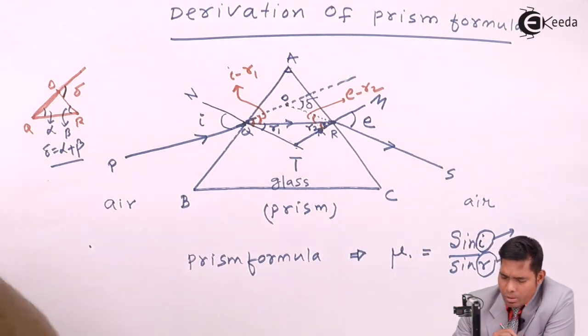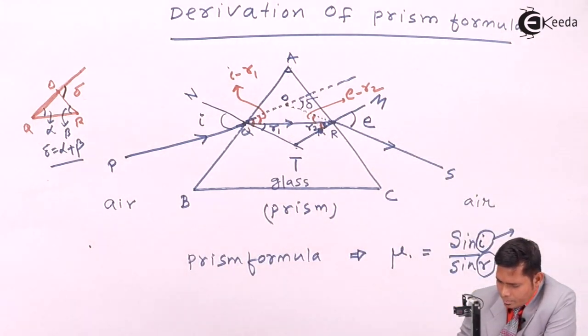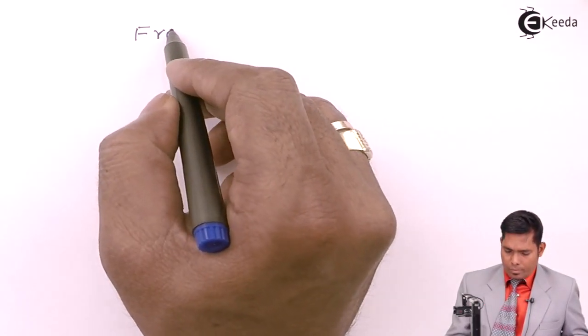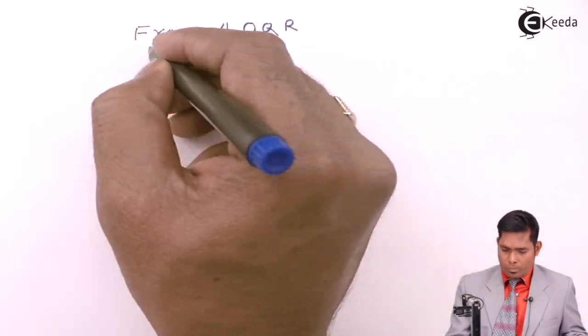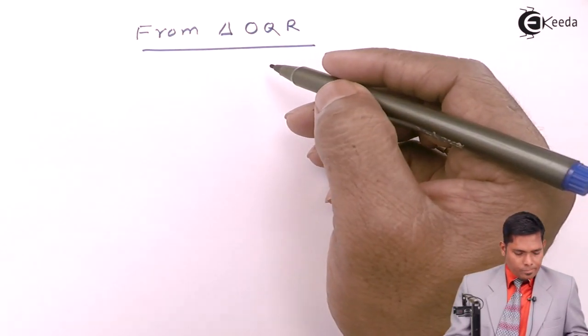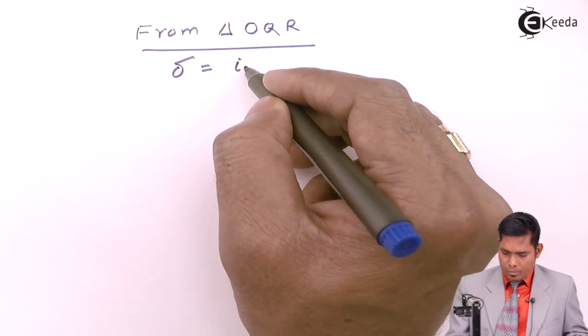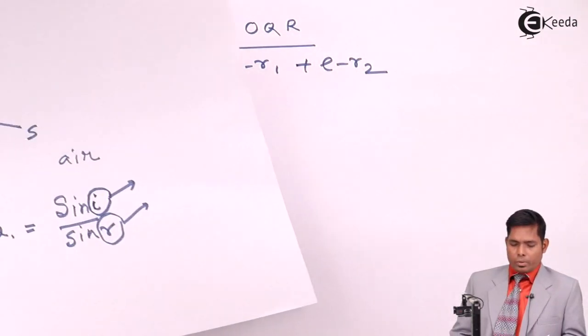So therefore, from the triangle OQR, this is what we are going to write.